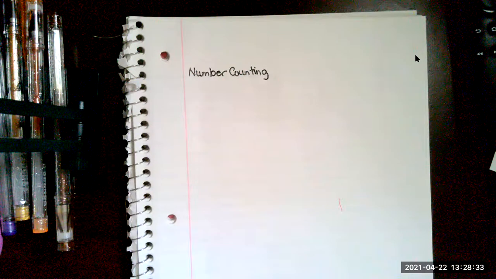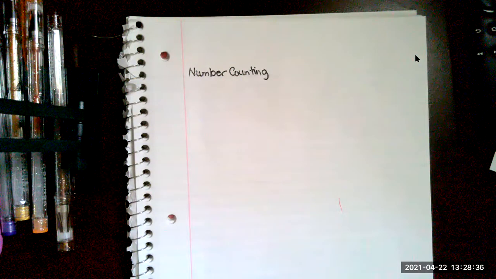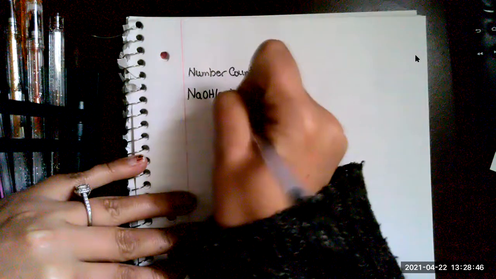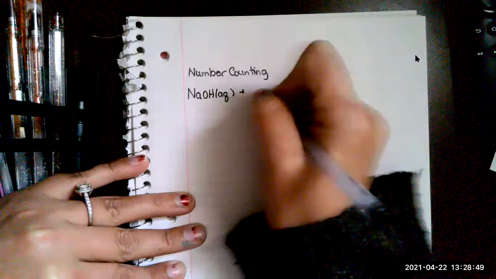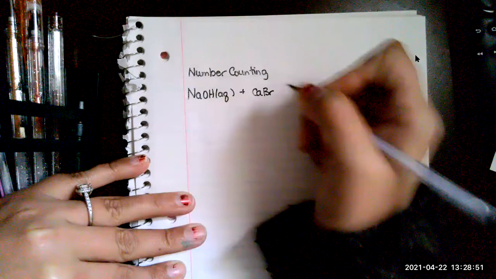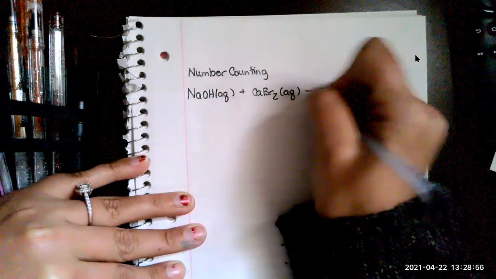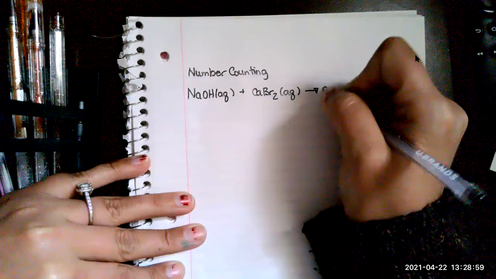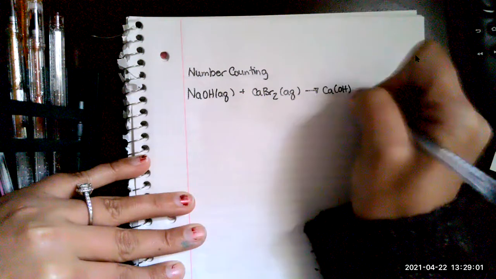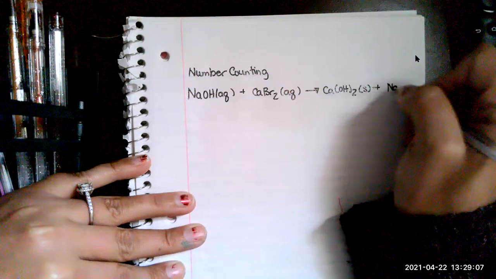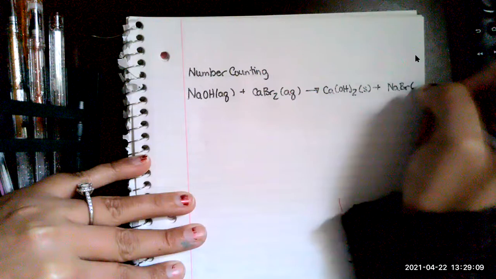So we're going to start with a basic reaction. We're going to do NaOH aqueous plus calcium bromide aqueous forms calcium hydroxide solid plus sodium bromide aqueous.